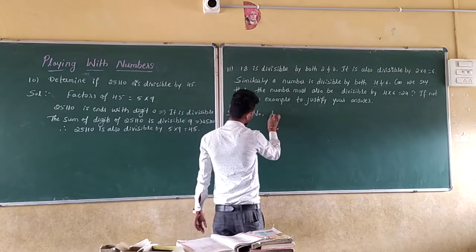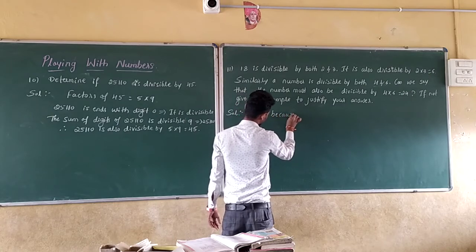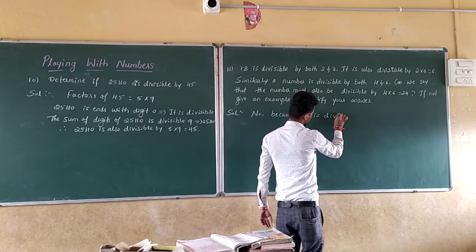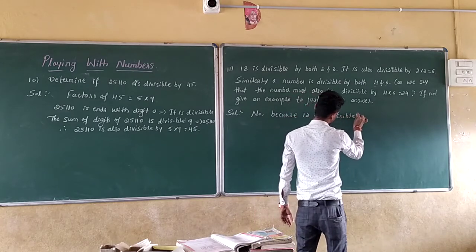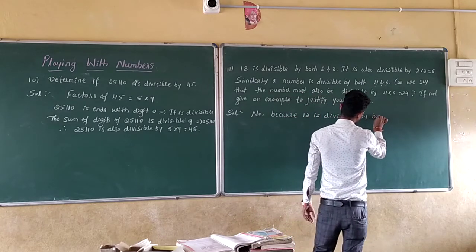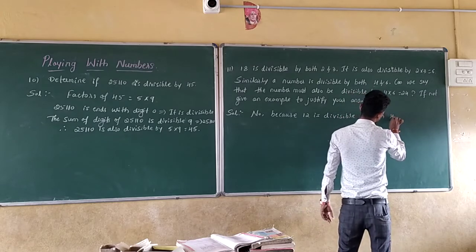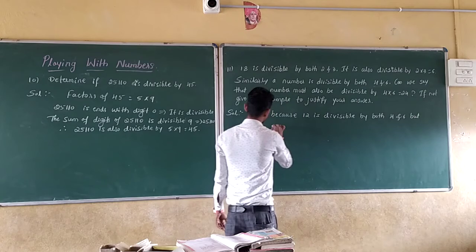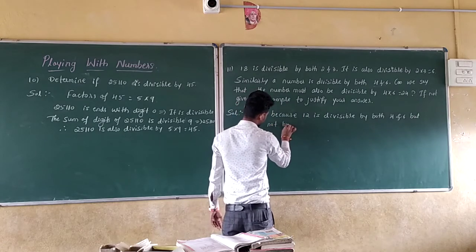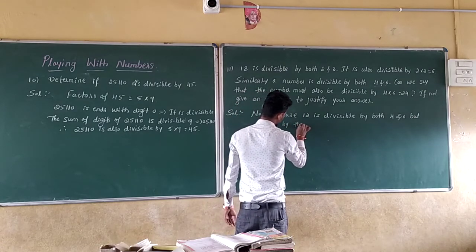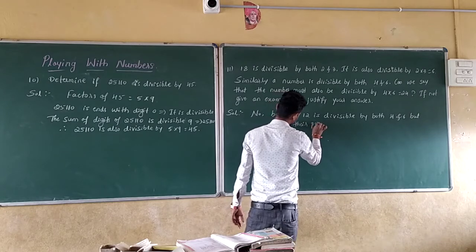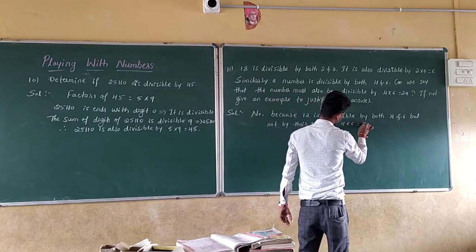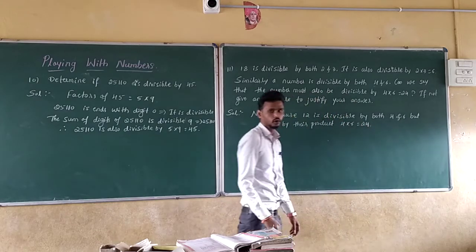No, because 12 is divisible by both 4 and 6, but not by their product, 4 into 6, 24.